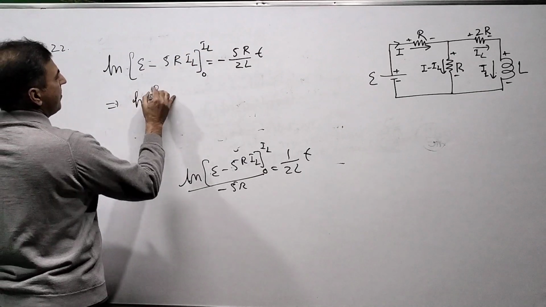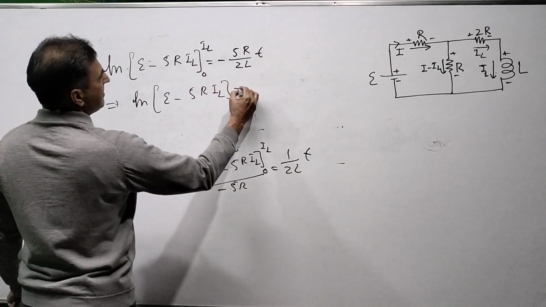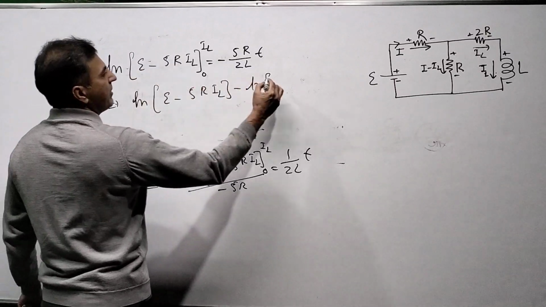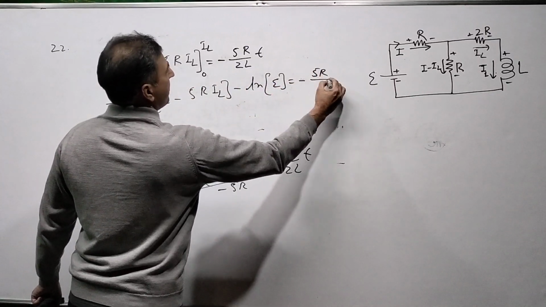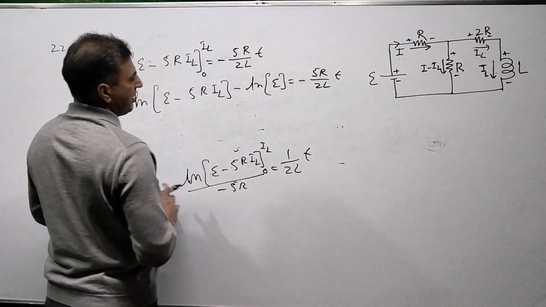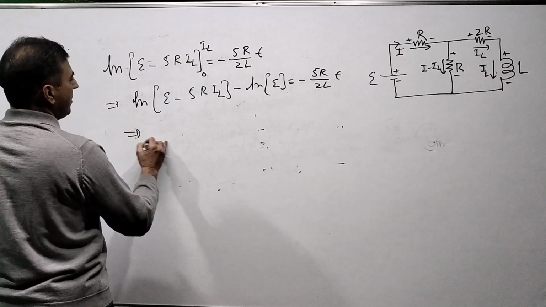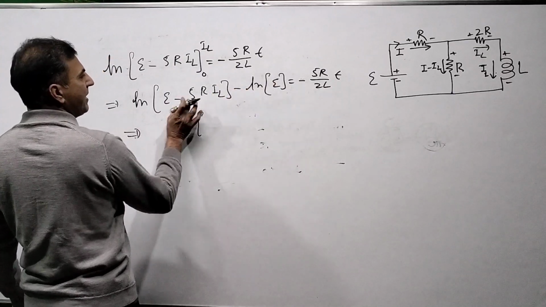That is ln of E minus 5RIL minus ln of, तो 0 यहां रखने से ln E हो जाएगा, minus 5R by 2LT. ओके, चलिए, तो it will be ln of this by this.